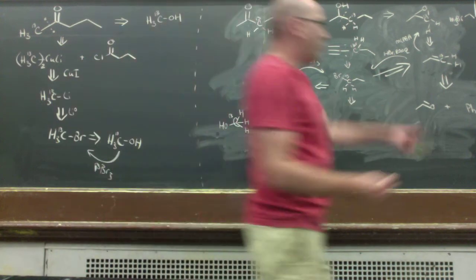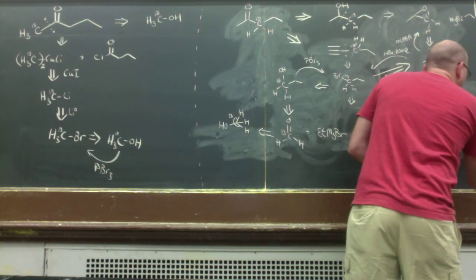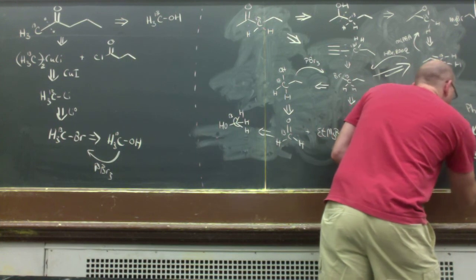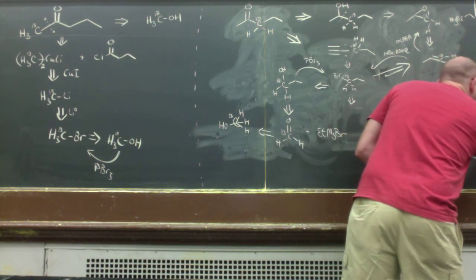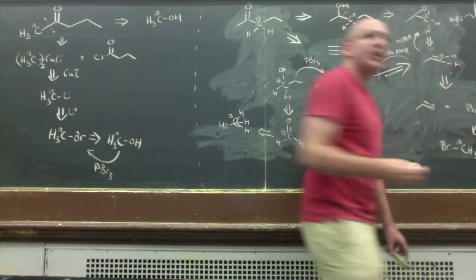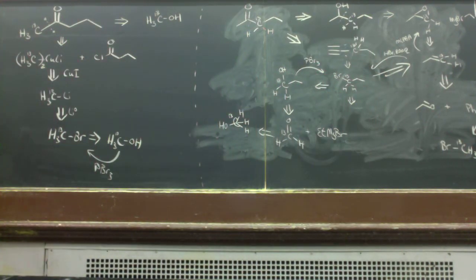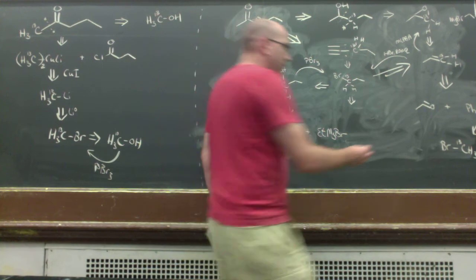Or in this case, I have the bromide, so it would simply be, to make the Wittig salt, all you do is take triphenylphosphine, treat it with the alkyl halide. So yeah, it can be an iodide, in which case you can have the iodide salt, right? And then this is just what? PBr3.